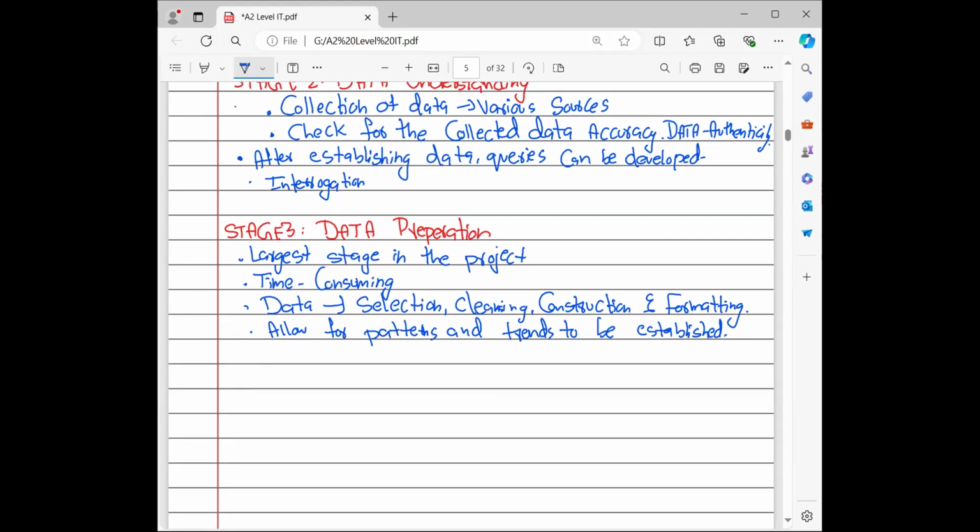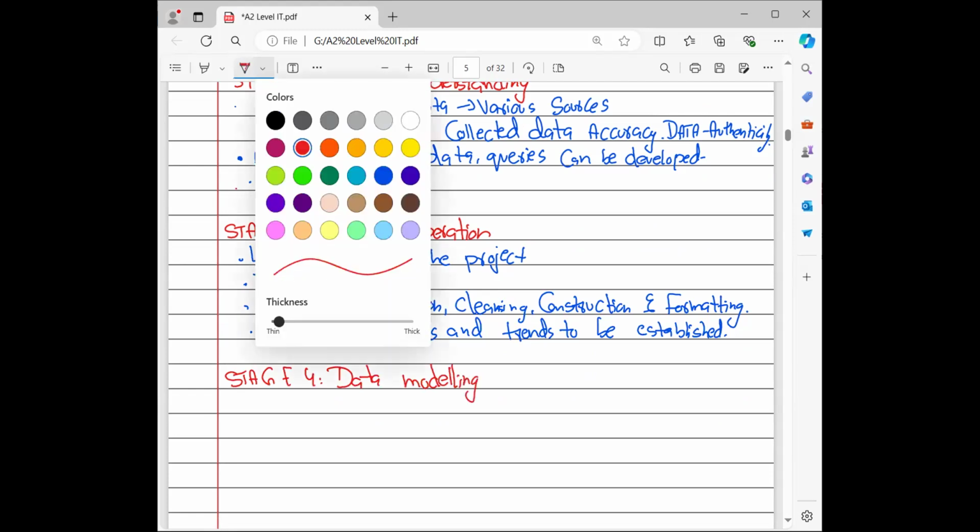Just after stage three, we move on to stage four, and stage four is basically data modeling.